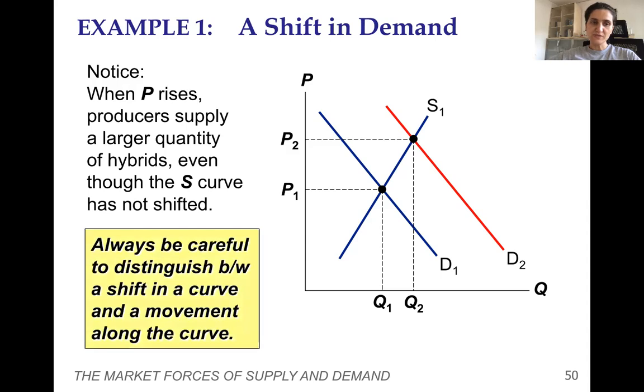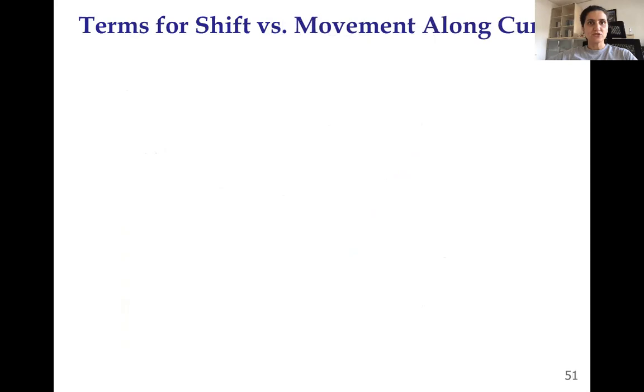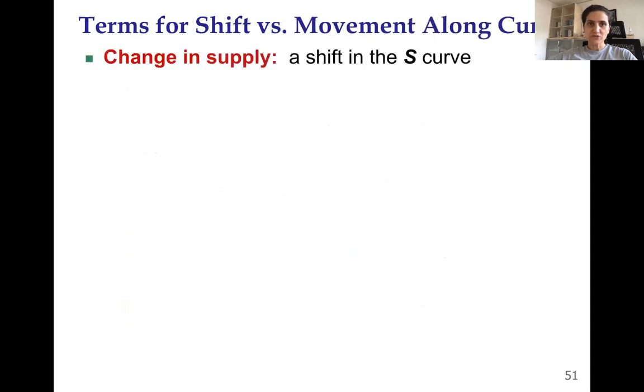So always be careful to distinguish between a shift in a curve and movement along the curve. As we said earlier, movement along the curve happens with price changes, either on the supply curve or the demand curve. Other things will shift the demand or supply curve. Terms for shift versus movement along the curve.